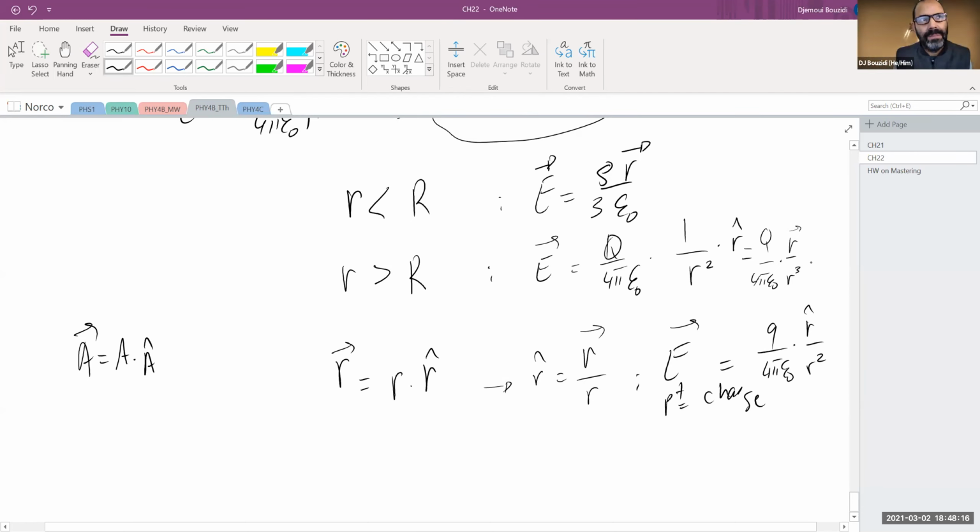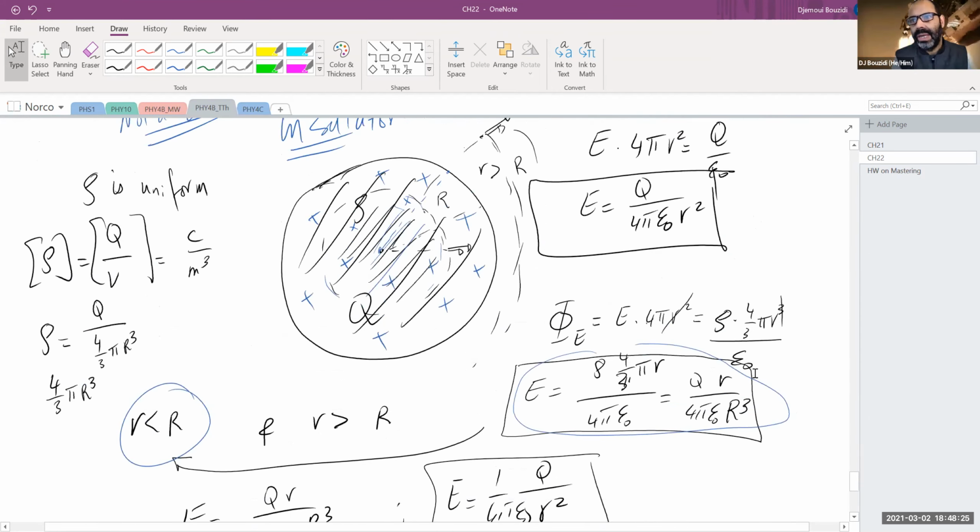So this looks similar, as if the entire sphere is just a point particle located at its center, as if the entire sphere is actually located in here as just another charge Q. And we're measuring the electric field somewhere away from it at the distance r.